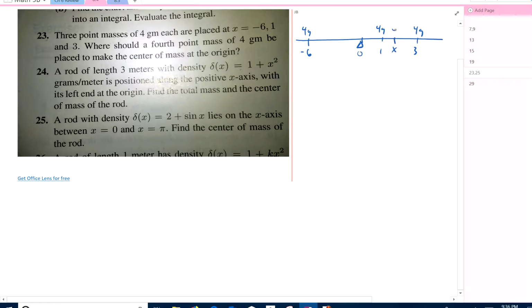We'll call it x. Well, that means all of the moments, 4 times -6, which is the mass times the location, have to add up to the center of mass, right?